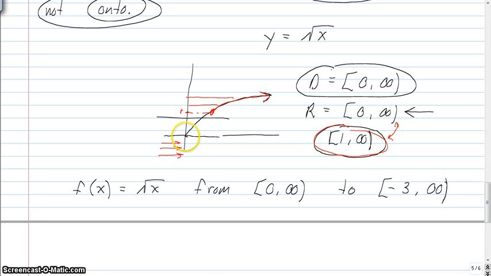Right, because now you can see -3 to infinity, there are going to be y values in here that are never going to get used.